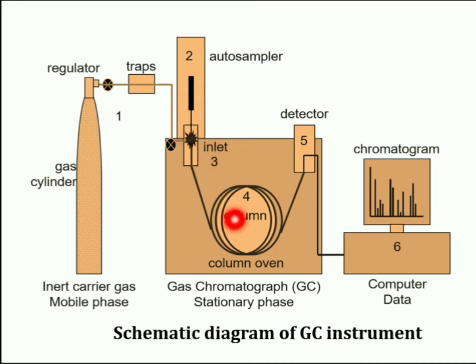Third part of the instrument is column. Column is the place where separation process happens in presence of stationary phase and mobile phase. Next part of the instrument is detector.